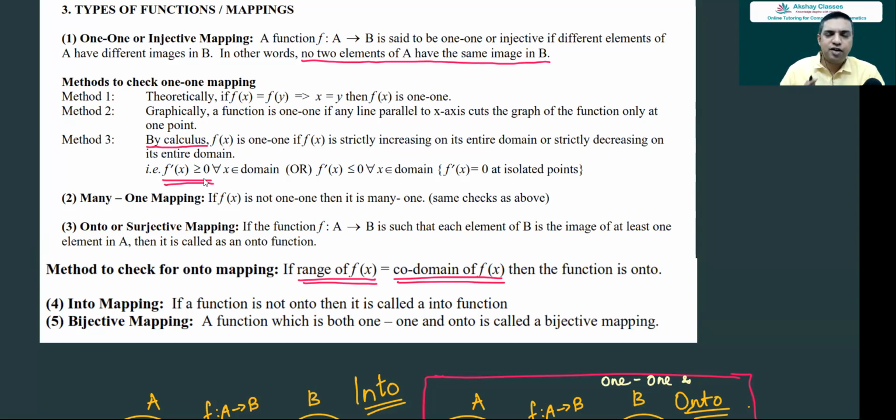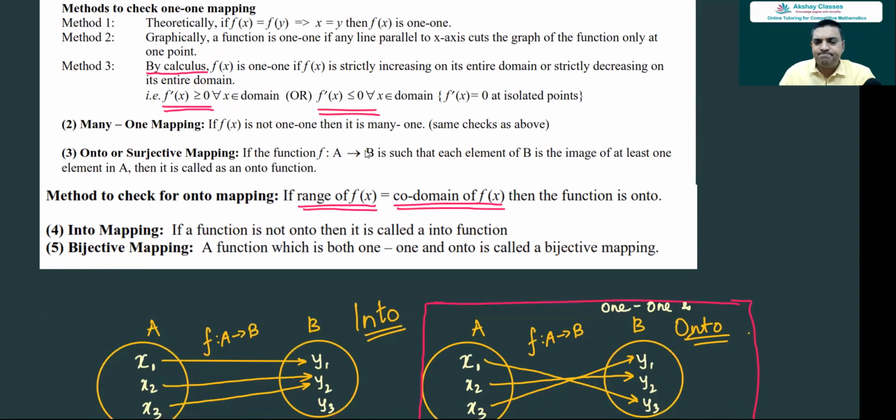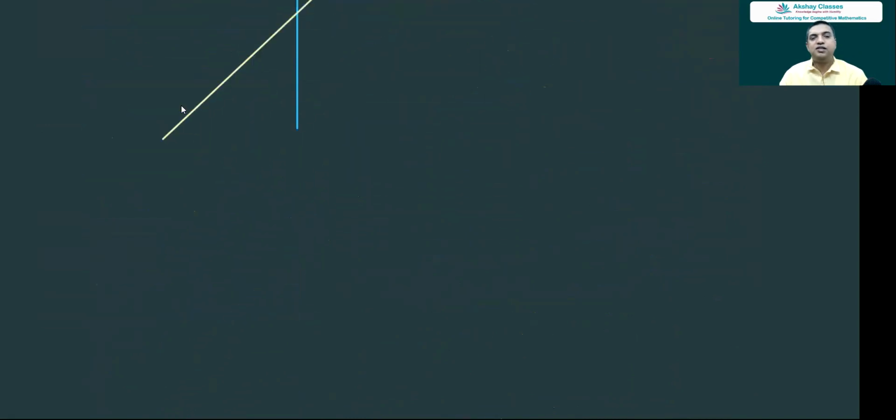That means the function will be one-one, or the derivative should be throughout positive or throughout negative. Then it's a one-one function. What does the derivative represent? If we remember our basic calculus, derivative represents the slope of a tangent at a point, isn't it?